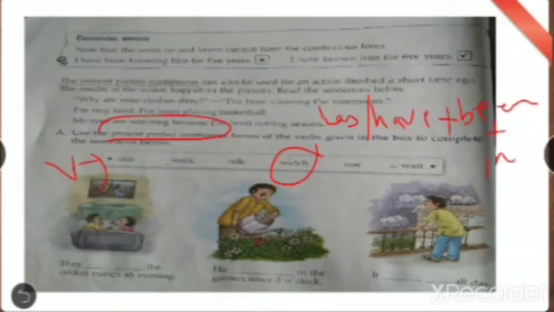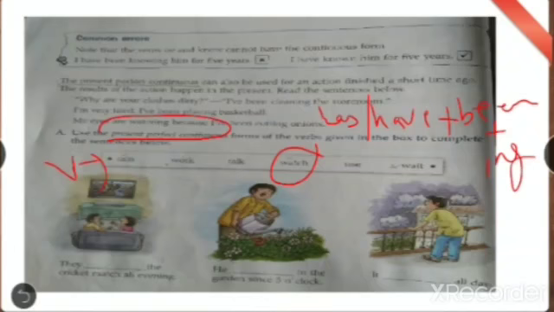"They dash the cricket match all evening." Now we can see in the picture what are they doing? They are watching, right? So what is over here? Watch. Now we have to use present perfect continuous tense. If you forgot, let me write the formula again: has, have plus been plus ing.